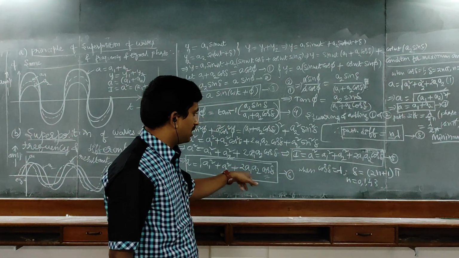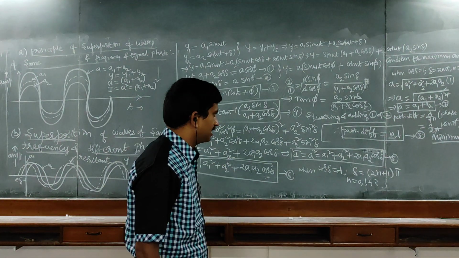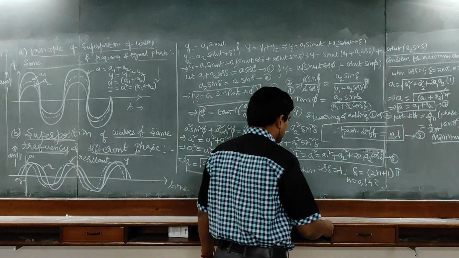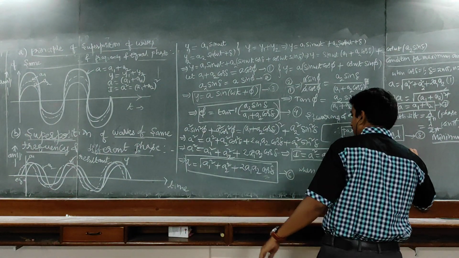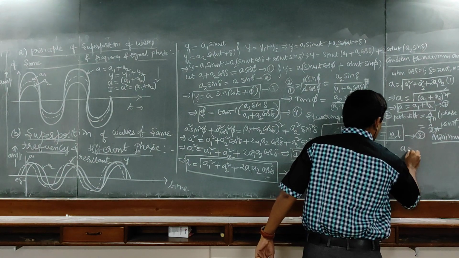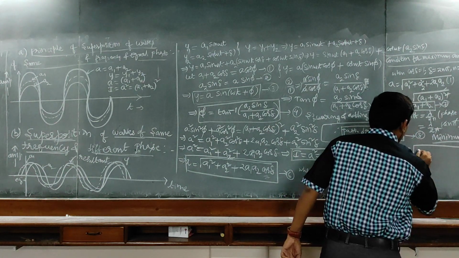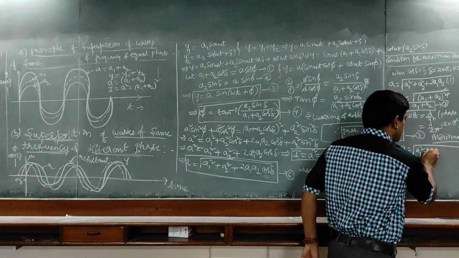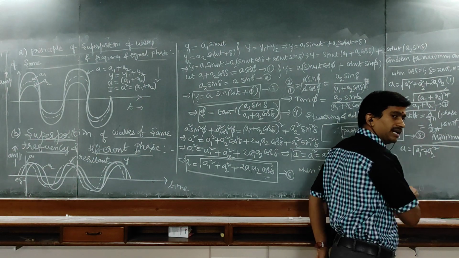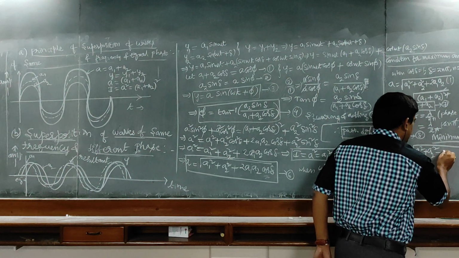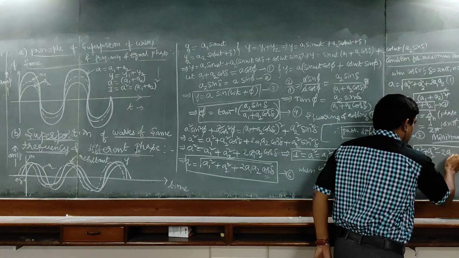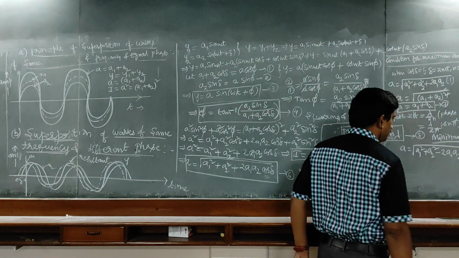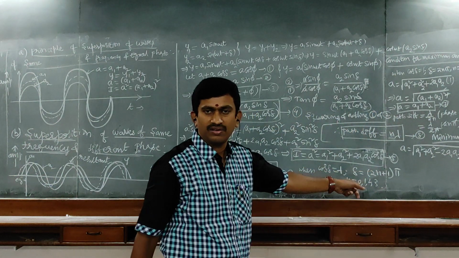Now substitute all these values in equation 6. Then A is equal to square root of A1 square plus A2 square minus 2 A1 A2, because cos delta value is minus 1.